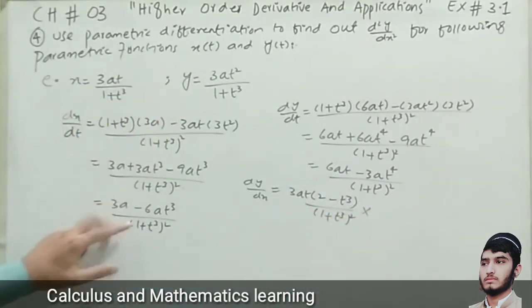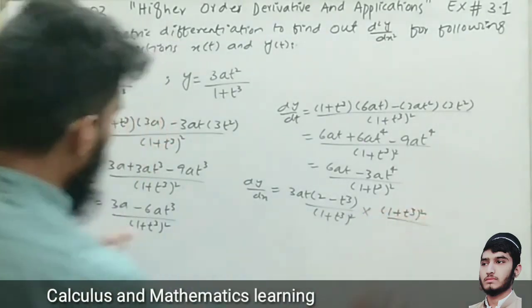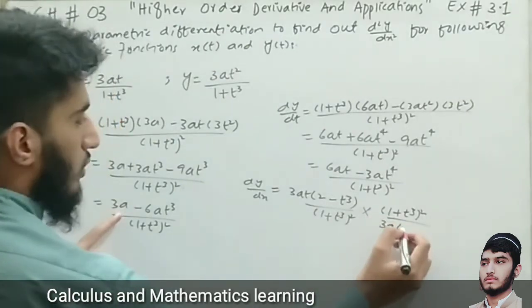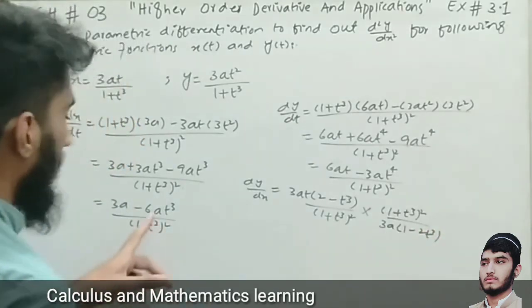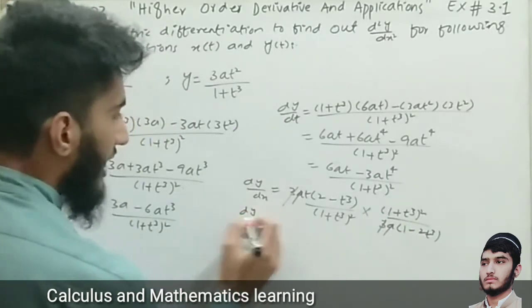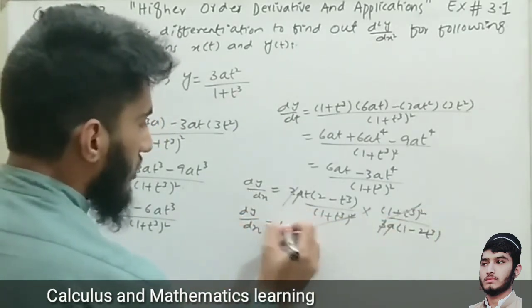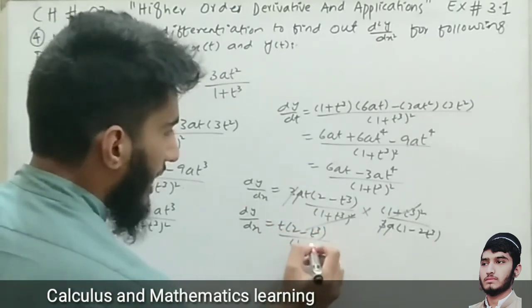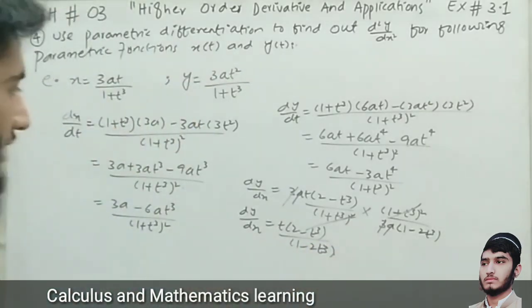Reciprocate this term, so it becomes (1 plus t cube) whole square divided by, take out 3a common, so inside we are left with 1 minus 2t cube because of 6a cube. After this 3a is cancelled out with 3a, so dy by dx is actually t into (2 minus t cube) divided by (1 minus 2t cube). This is actually our dy by dx.